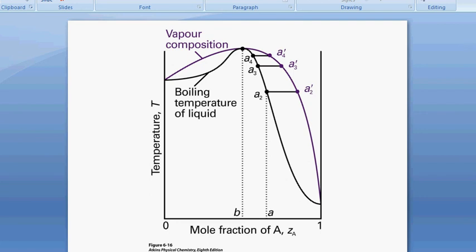If I remove the vapor, the liquid would still have the same composition. So I cannot go left or right. I would be stuck over here. Although I can recover pure A, I can never recover pure B. This kind of a mixture is called an azeotrope. Let me write that down.